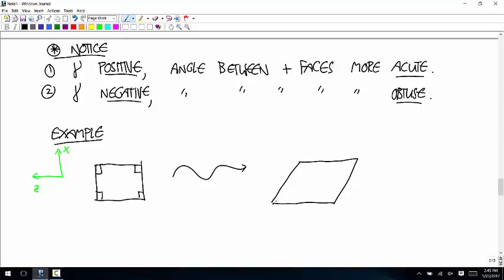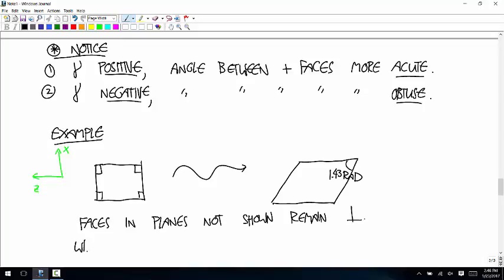This is exaggerated. We're given that this angle is 1.43 radians, and the faces in the planes that aren't shown remain perpendicular. What are the shear strains?